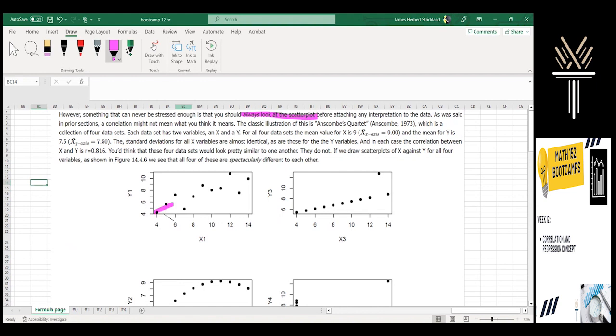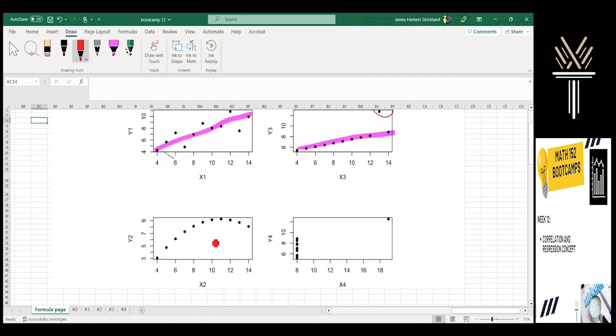But here you can see that in general, we have a very positive relationship with this random outlier going on. And then here we have a curved relationship, which is a red flag that it is probably not linear. And then again, very straight with this one random outlier. So these would have really differing models that would either be great or not great.